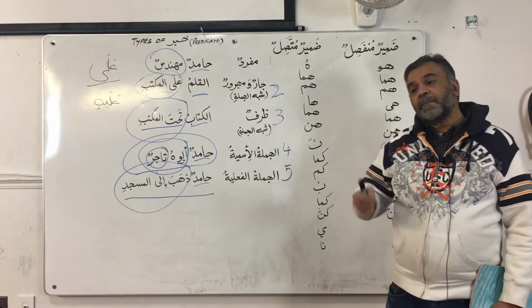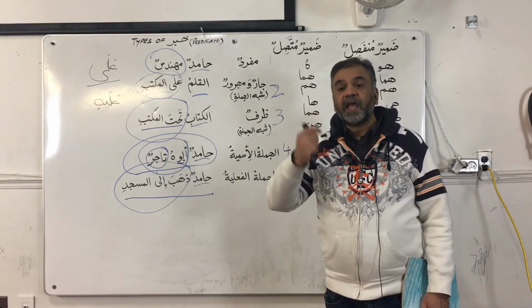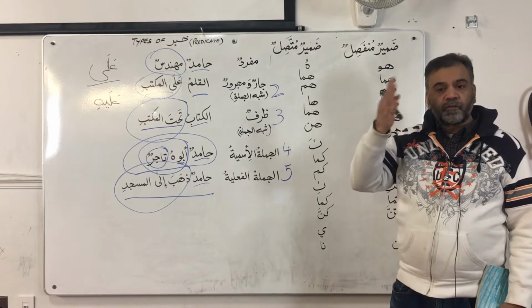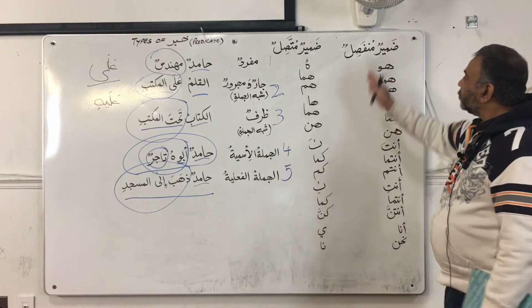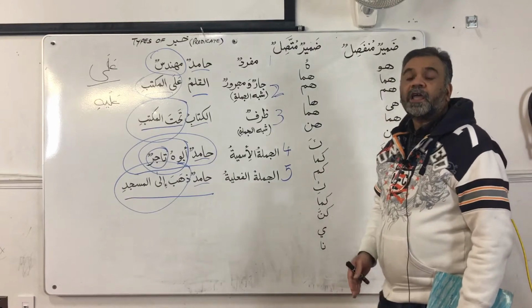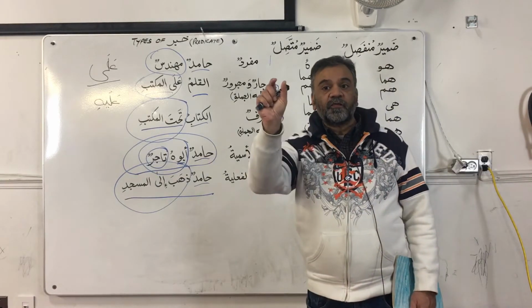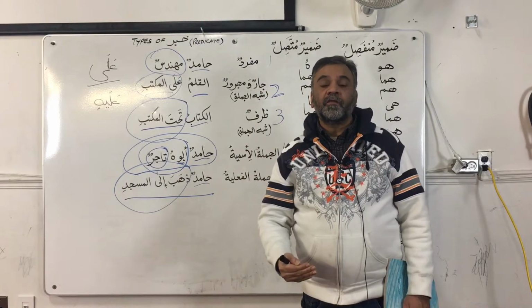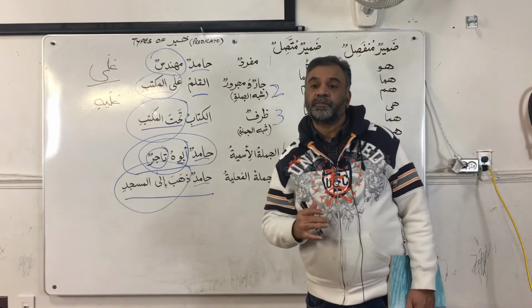So, you can pick up any verb, any fail madi, of 3 letters or 4 letters, and we can conjugate them in order. We know the pronouns; all we have to do is put this verb in the pronouns and the conjugation of the 14 forms will just come out.